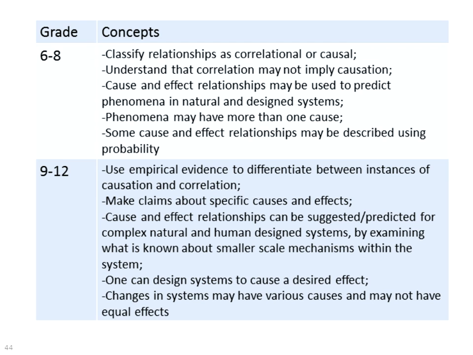So at the next level, we see that we're expecting students to be able to classify relationships as correlational or causal, and at that point, we also want them to have that explicit ability to reflect on the idea that correlation may not imply causation. So this invites them to realize that if you see a pattern between two things, it may be that there's a third variable involved.